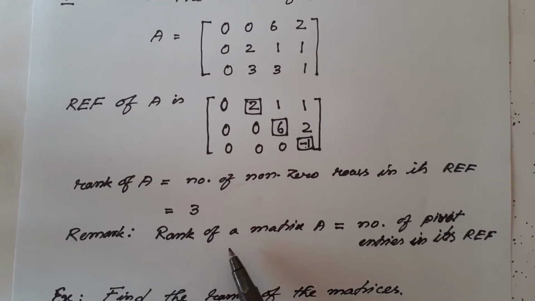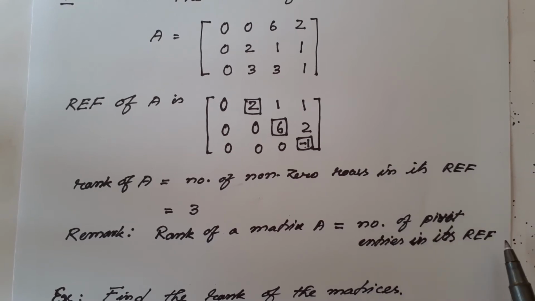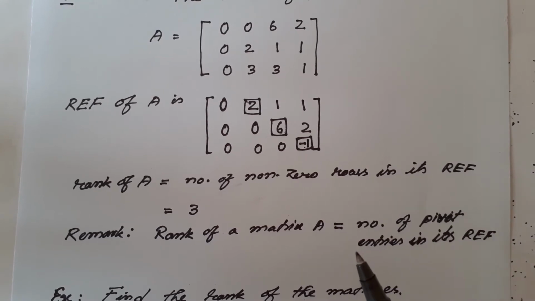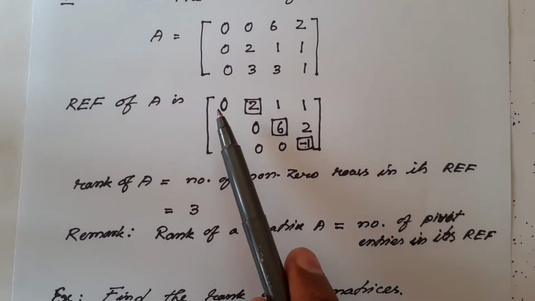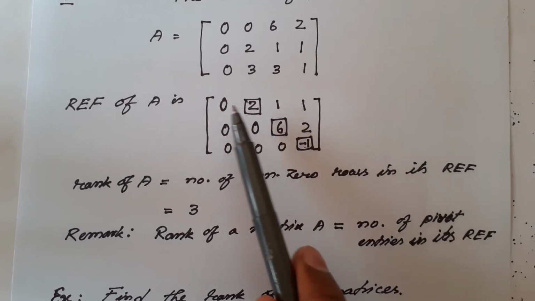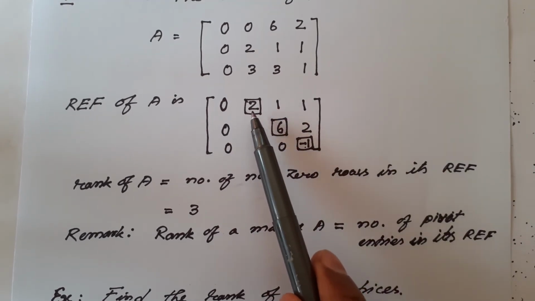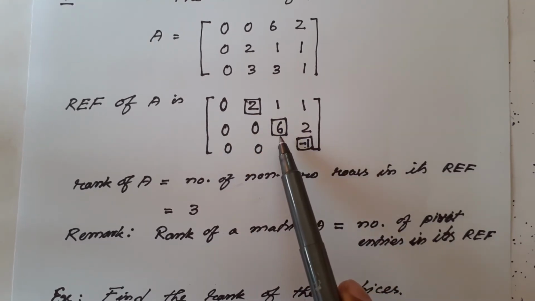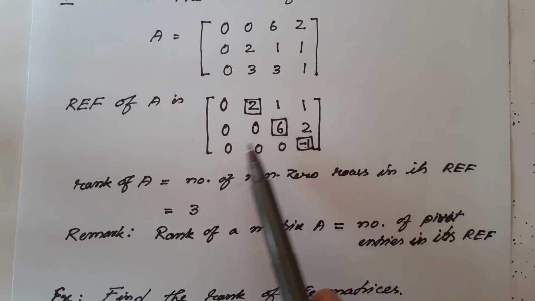Notice that rank of a matrix A is number of pivot entries in its row echelon form. Recall that every non-zero row has a pivot, and the first non-zero entry is its pivot. Say for example, in this row echelon form, first non-zero entry is 2, so it is the pivot for this row. Similarly, second row is non-zero row, first non-zero entry is 6, so this is the pivot for that row.